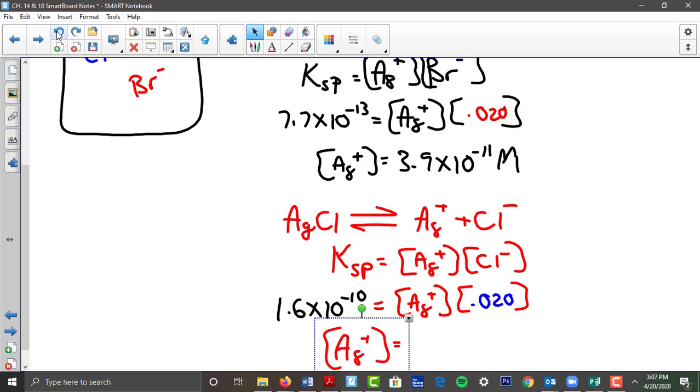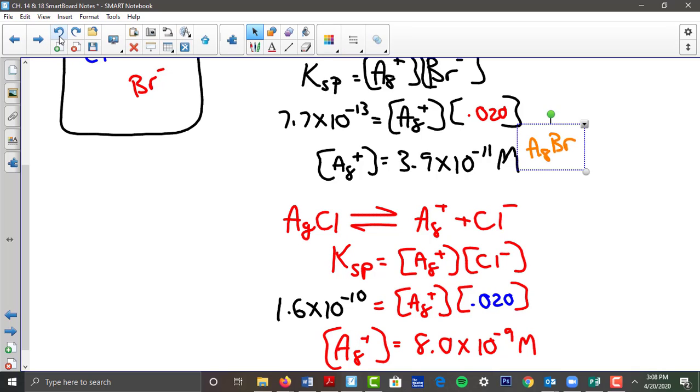The silver ions will not form a precipitate with silver chloride until the concentration gets to 8.0 times 10 to the negative 9th molar. So if we're comparing these two molarities, we see that silver bromide is going to form first because it has a lower solubility before it starts to form a precipitate, compared to the 8 times 10 to the negative 9th.